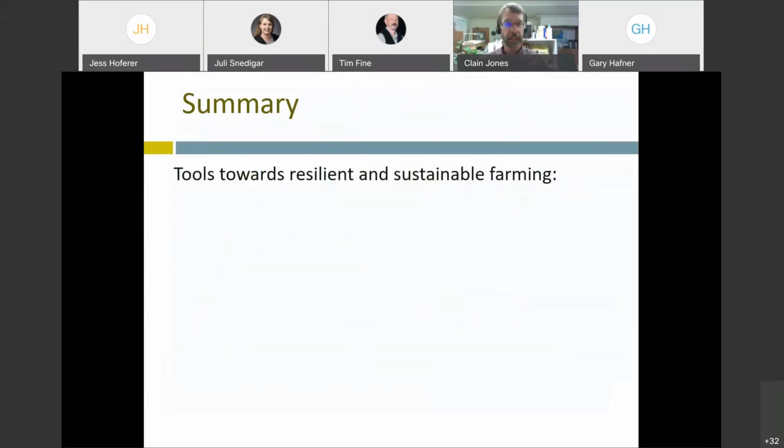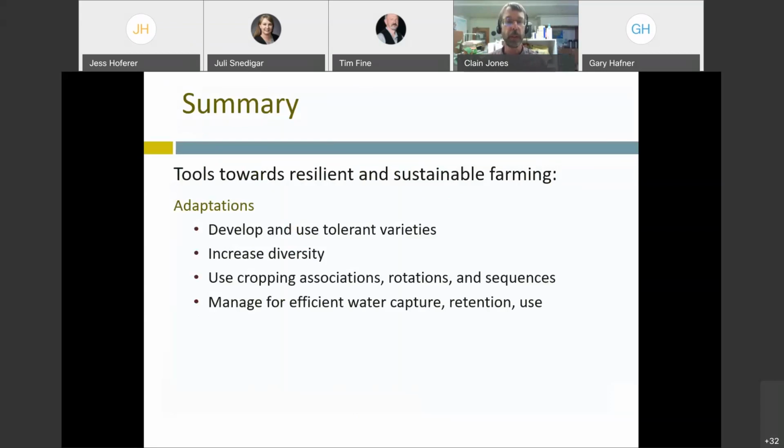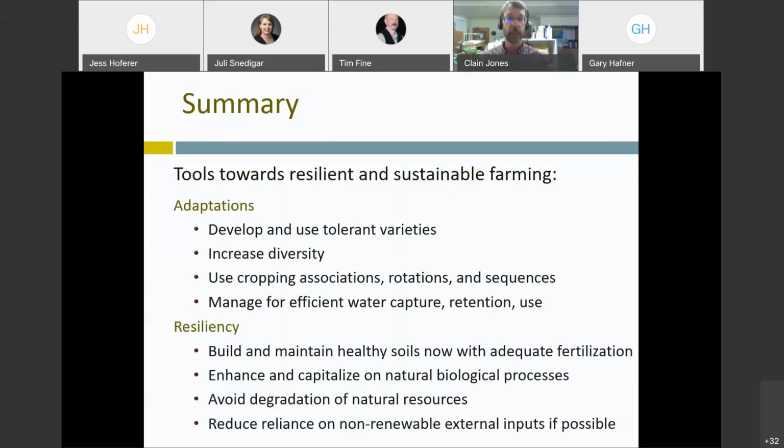So, in summary, tools towards resilient and sustainable farming would include adaptations such as development and use of tolerant varieties. Secondly, to increase diversity using cropping associations, rotations, and sequences, and managing for efficient water capture, retention, and use.